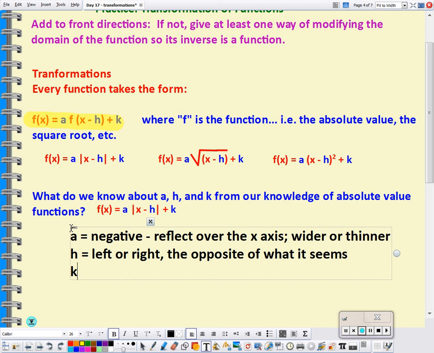And from absolute value functions, I hope you remember that k shifts the graph up or down exactly as it looks. What we're going to do is use this equation to write some transformations without using our calculator. We know that a, h, and k affect the graph the following way. So everybody take a look at the following problem.